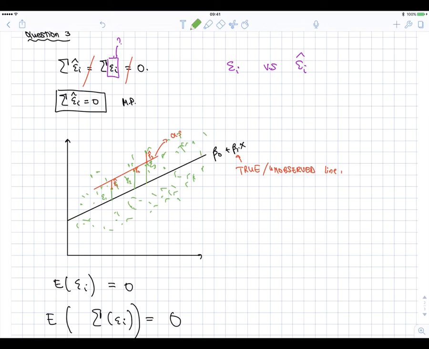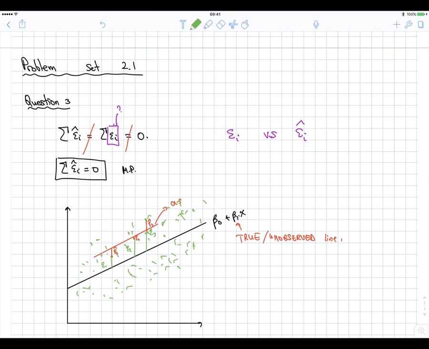Now, of course, there's another very subtle thing which I don't want to confuse you with, but as n approaches infinity, as the sample size is very, very large, what do you expect the sum of epsilon i's to be? Closest possible to 0. Well, the expectation is exactly 0.